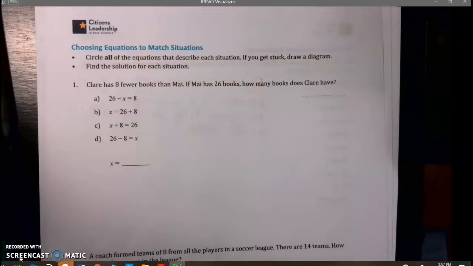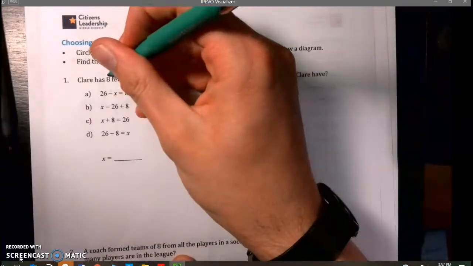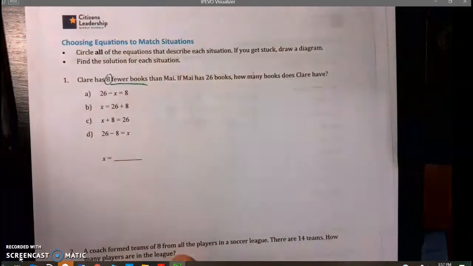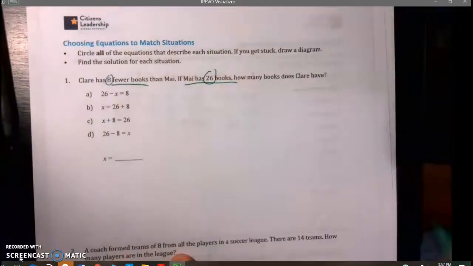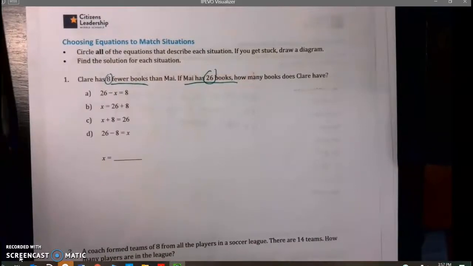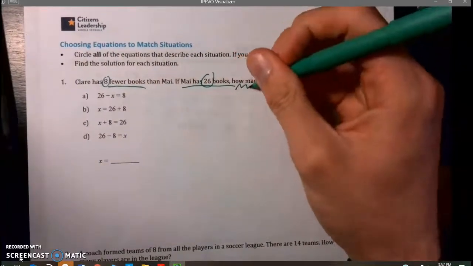So let's look at how we can do that in the situation with Claire and her books. Claire has 8 fewer books than Mai. If Mai has 26 books, how many books does Claire have?